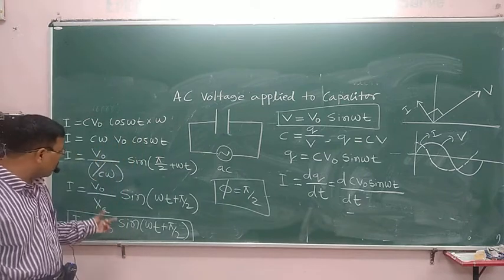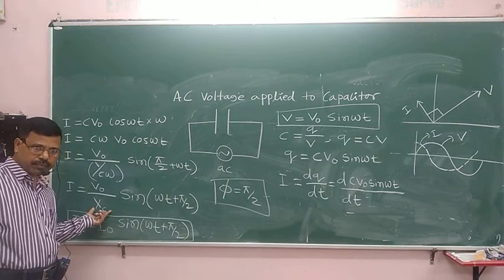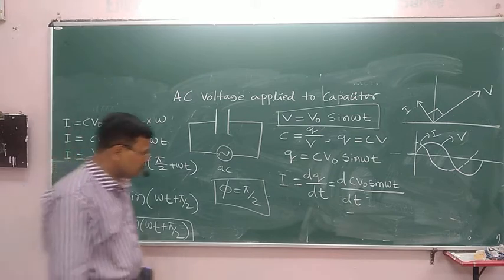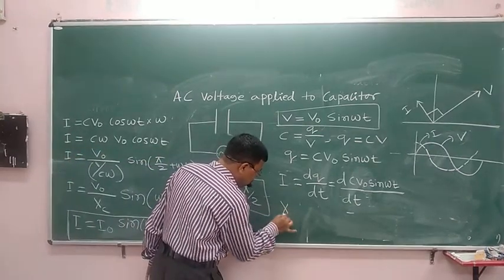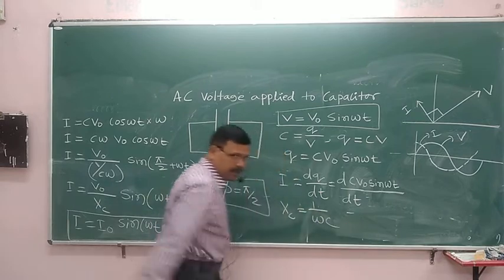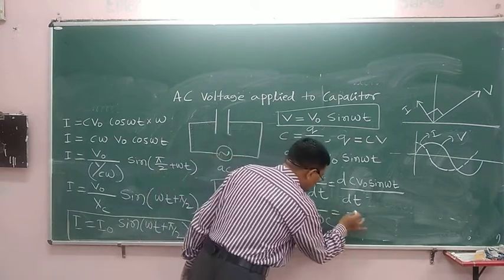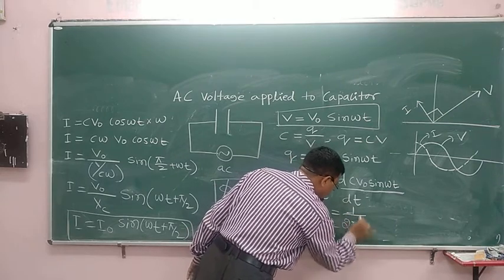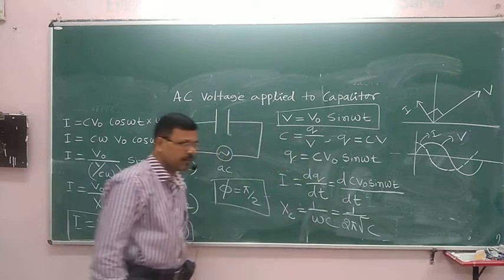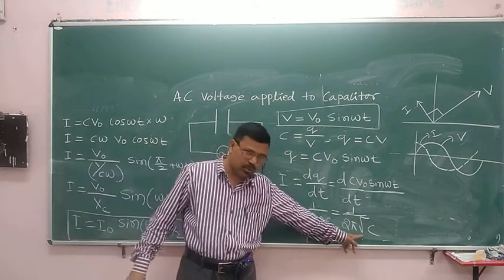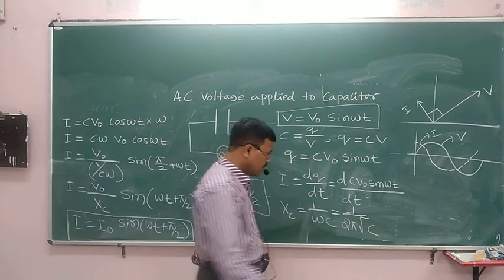Let me talk about this important term. What is Xc? Xc is 1 by omega C, that is 1 upon 2 pi nu into C. Capacitive reactance is inversely proportional to frequency.